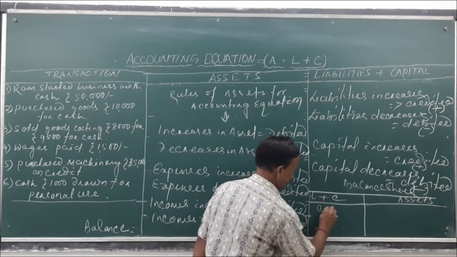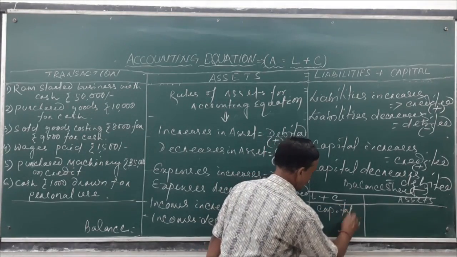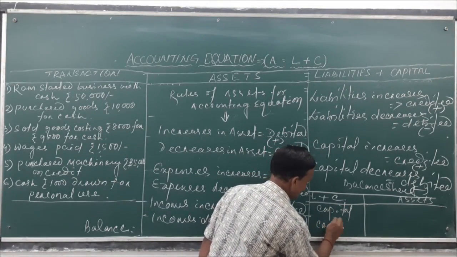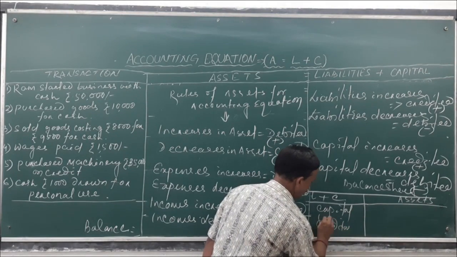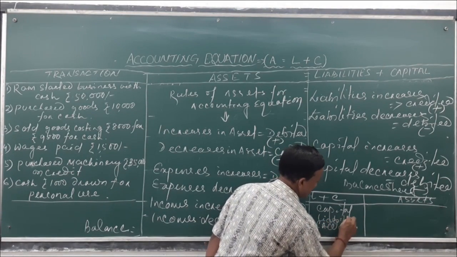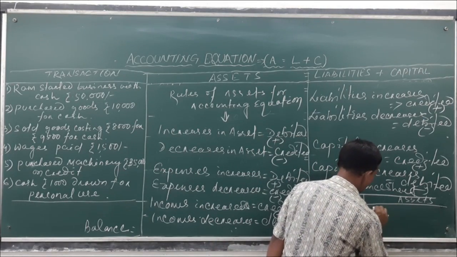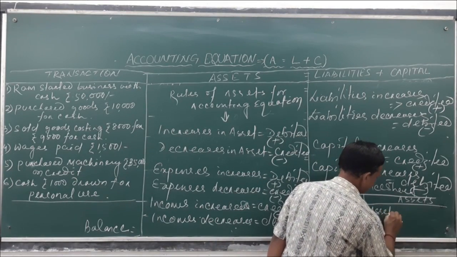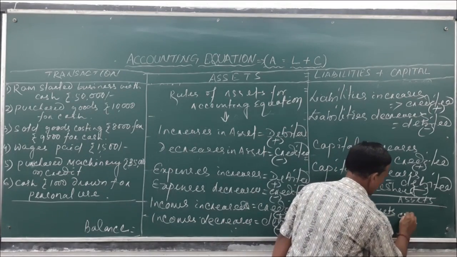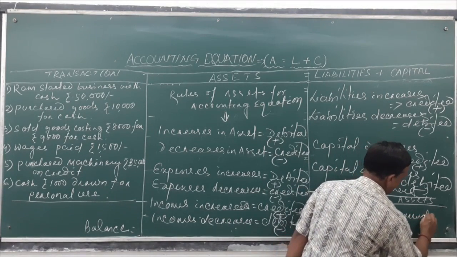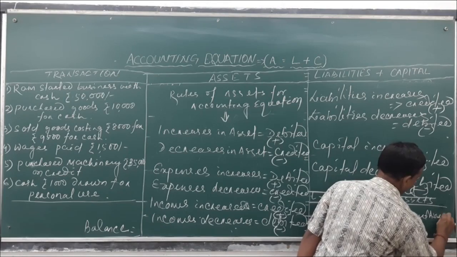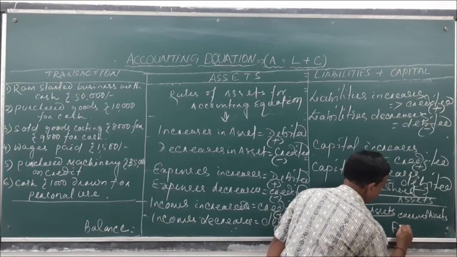So this is capital, this is creditors or liabilities. This is assets: current assets and fixed assets.